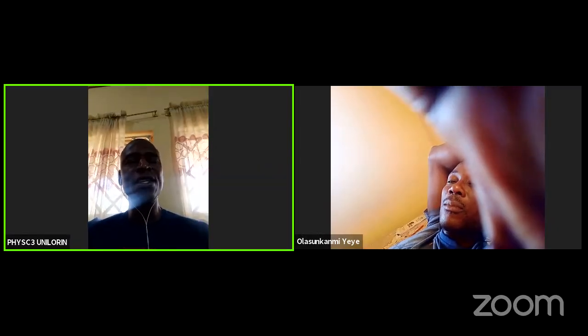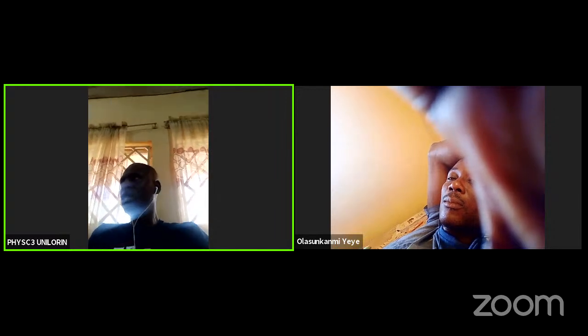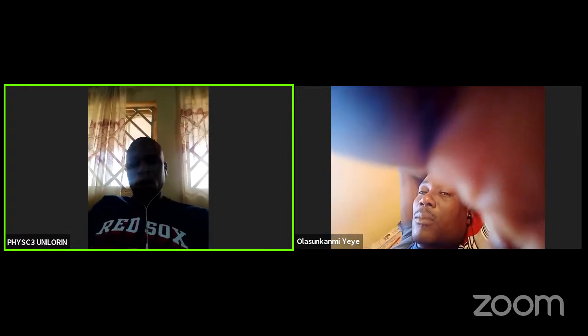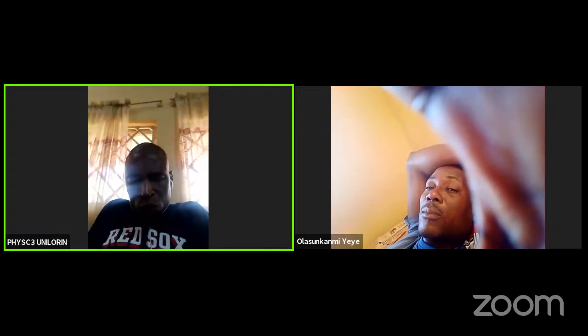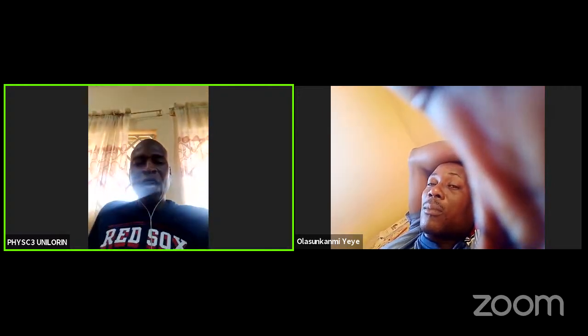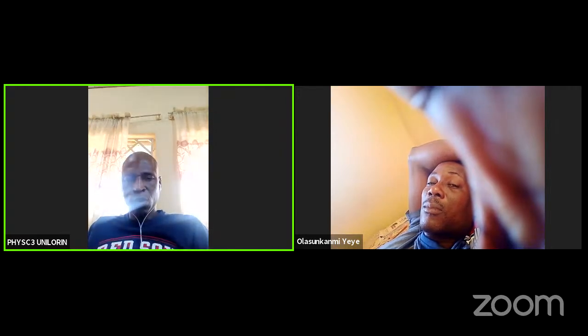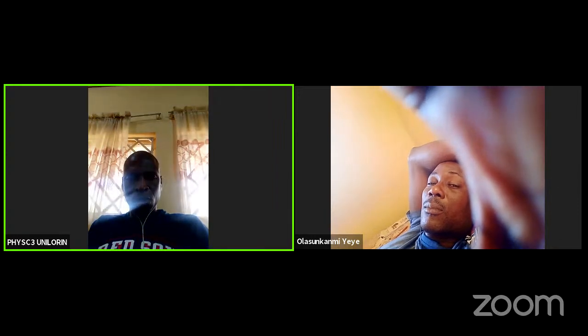So capital N in this case is equal to what? Put your comment there. Capital N is equal to what? And capital K is equal to what as well? Yes, capital N is equal to 30.